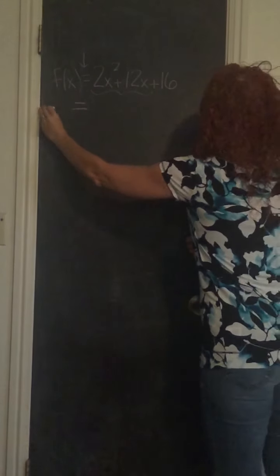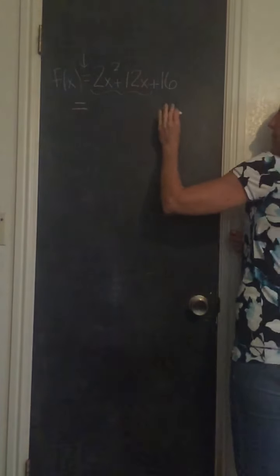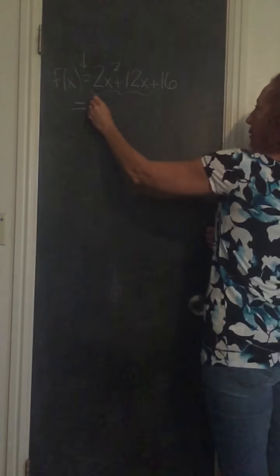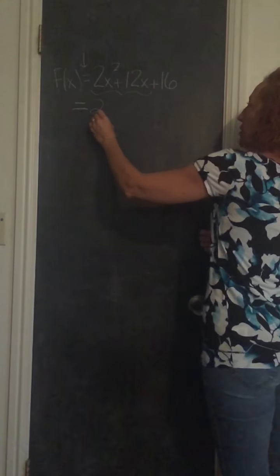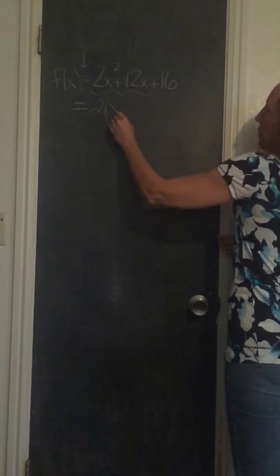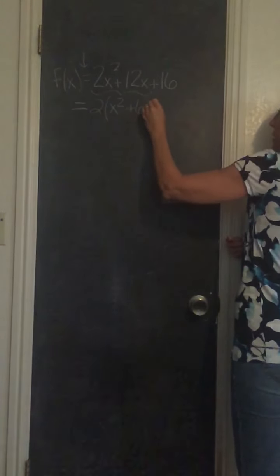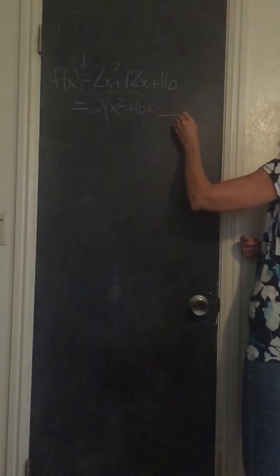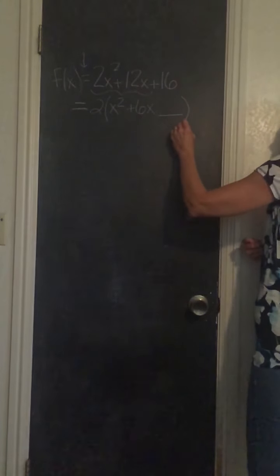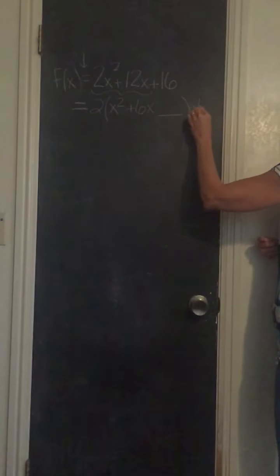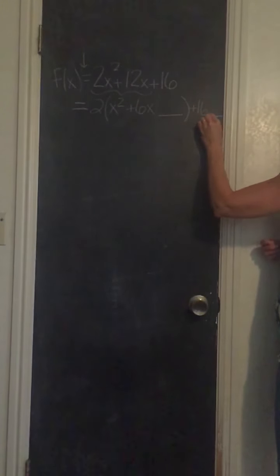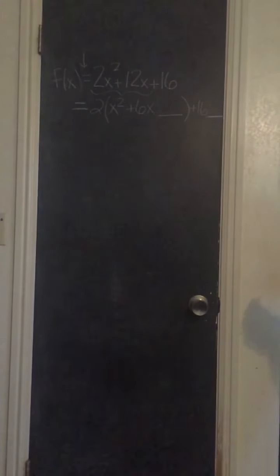So I'm not going to have one space on the left, one space on the right. Both spaces are going to be on the right-hand side. So I'm going to pull that 2 out. It's going to be x squared plus 6x, and then put a space, close that up. And then plus 16 and put a space.